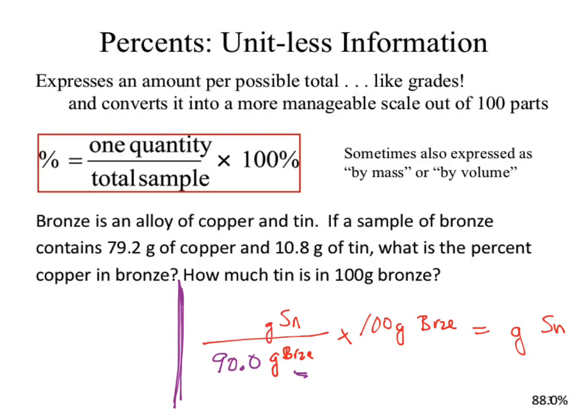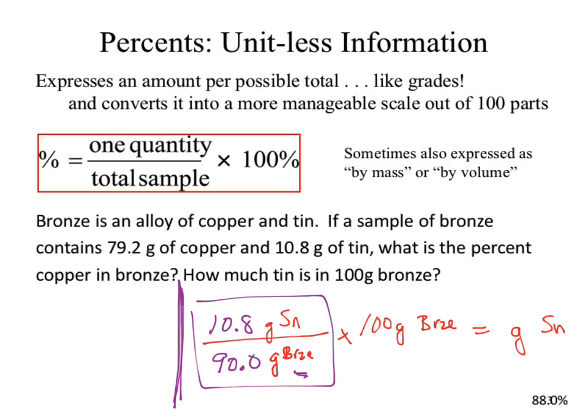Do we know the mass of tin? 10.8 grams. In that sample, I have that information. If I then multiply by my 100 grams of bronze, what happens to units of bronze? Cancels, and I'd be left with grams of tin.